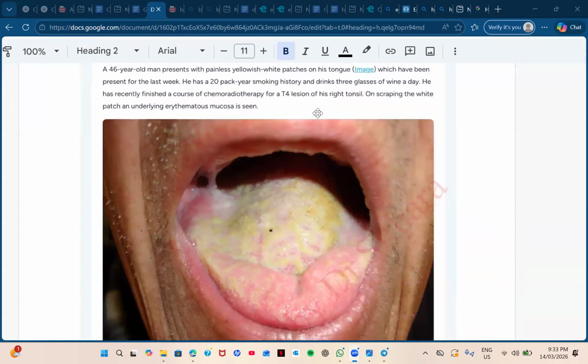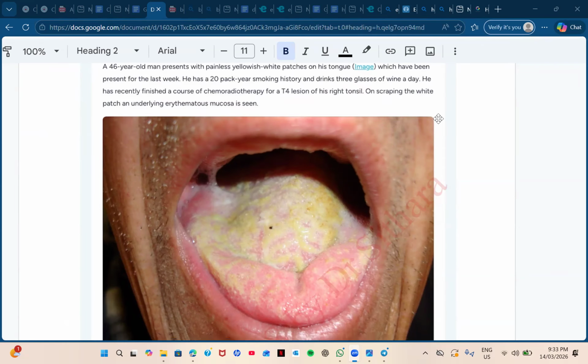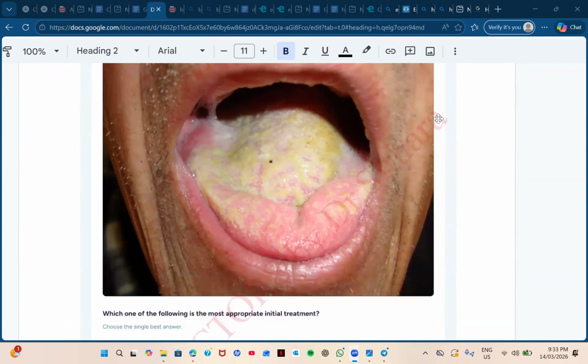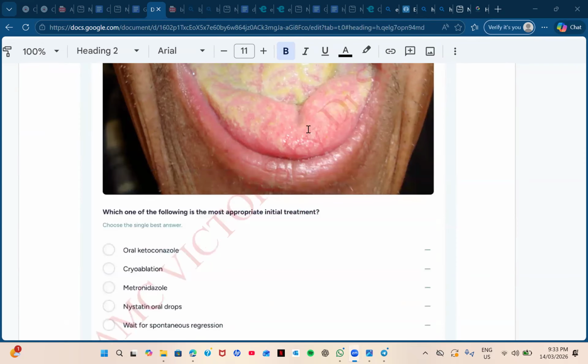He has recently finished a course of chemoradiotherapy for a T4 lesion of his right tonsil. On scraping the white patch, underlying erythematous mucosa is seen. Which one of the following is the most appropriate initial management? So, what do you think, doctors?